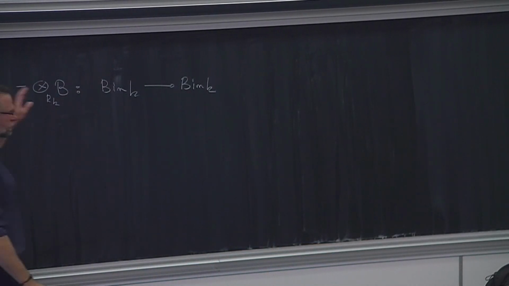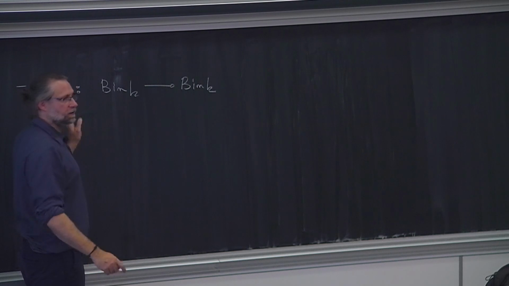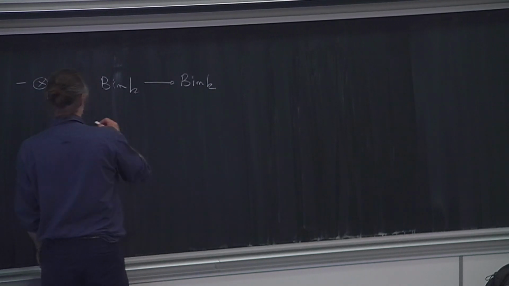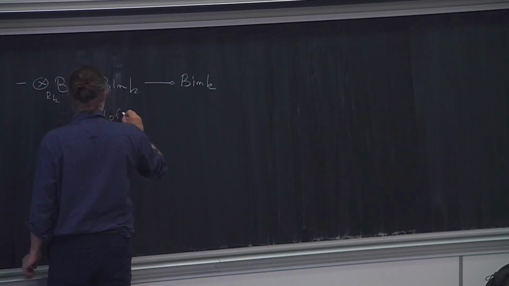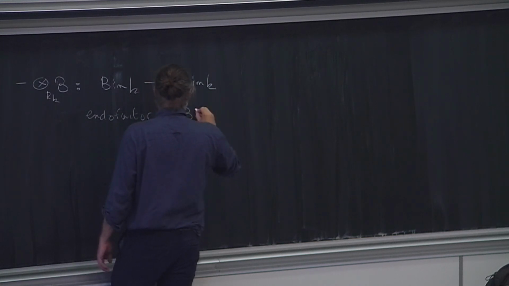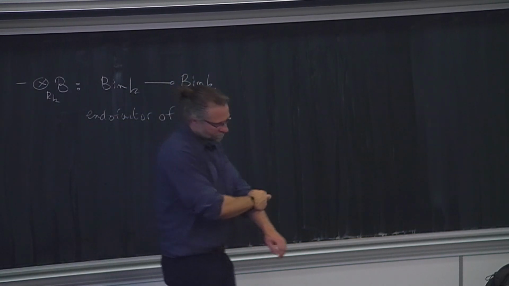If you give me a bimodule, I give you another bimodule, and it's well defined with maps as usual. So this is another functor of BMK. Okay, tensoring with a given bimodule.